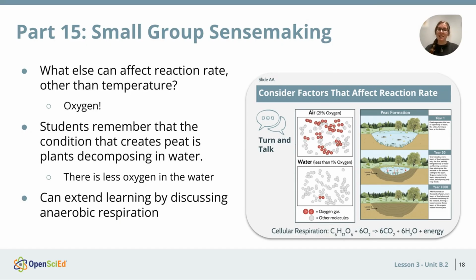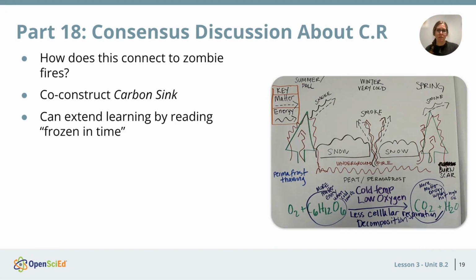And then we connect that back to how peat is formed. And I'll ask them, all right, what's the environment that is required for peat to form? And they'll bring back that, oh, that's plants decomposing in water and that there's a lot less oxygen in the water. You can extend learning here by discussing the difference between aerobic and anaerobic respiration.